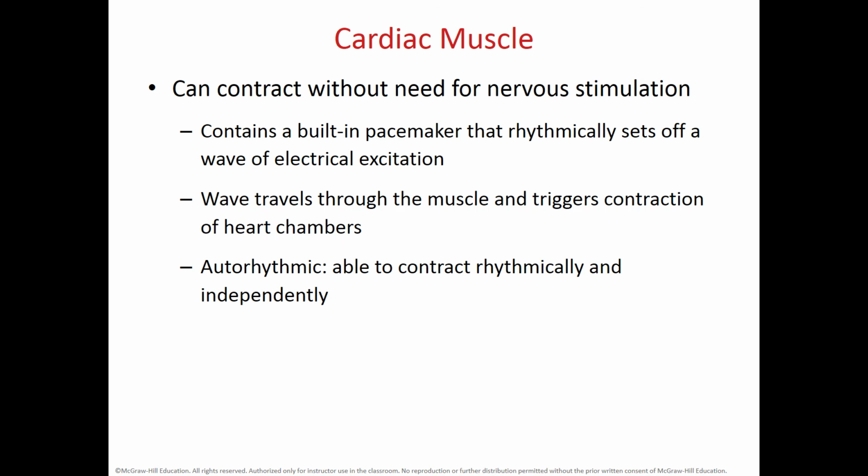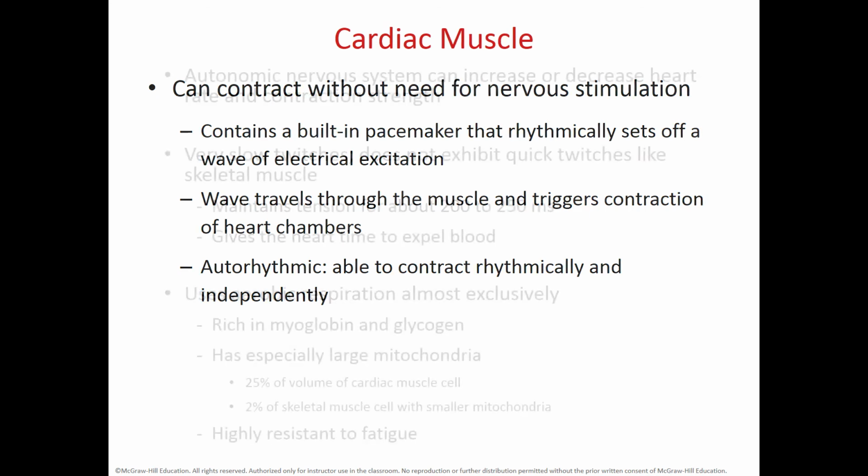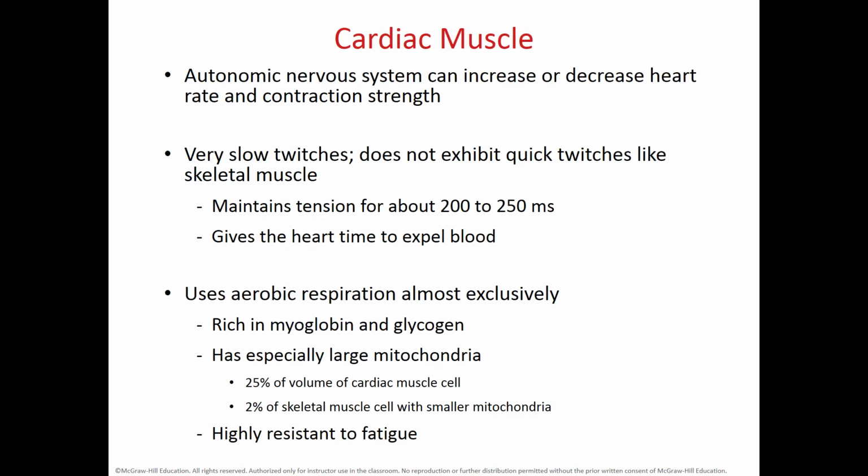So they are able to contract rhythmically and independently. The cardiac muscle cells can increase or decrease their contractions by the action of the autonomic nervous system.